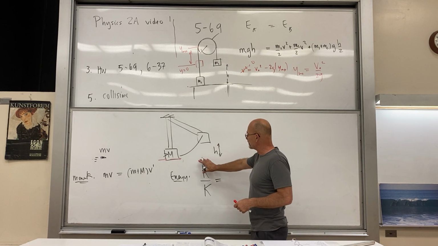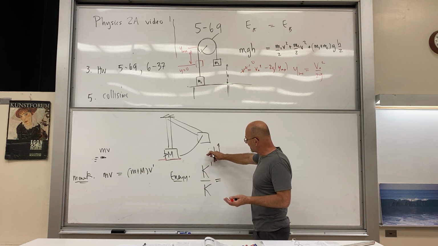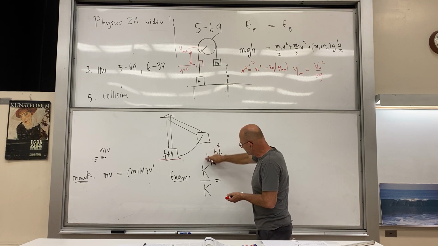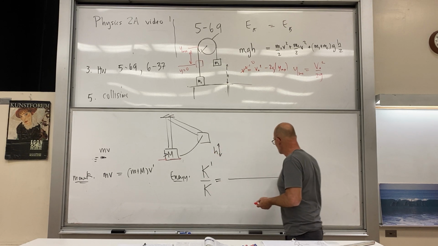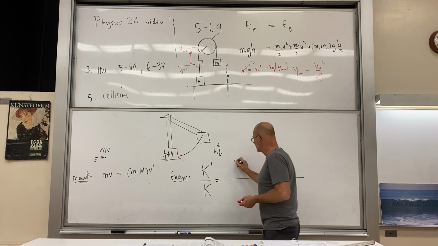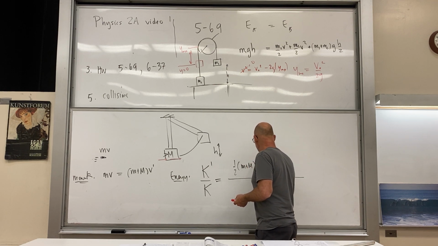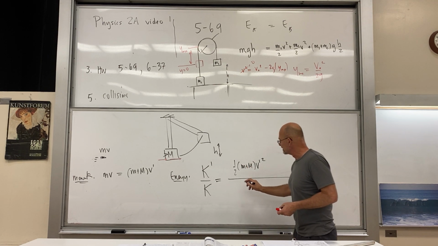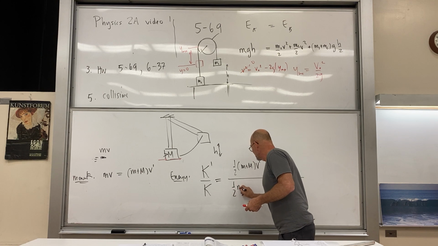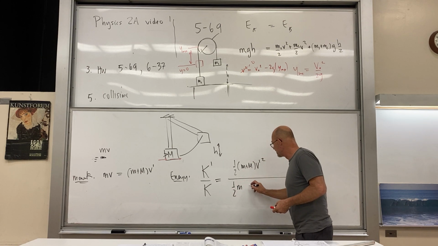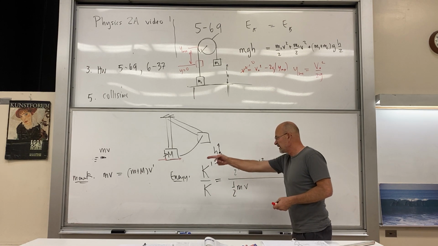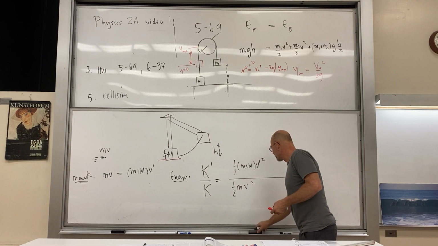I had done this before in a slightly different form, so let's set up that big ratio. This is 1/2 total mass V prime squared divided by 1/2 the mass of the bullet V initial squared.